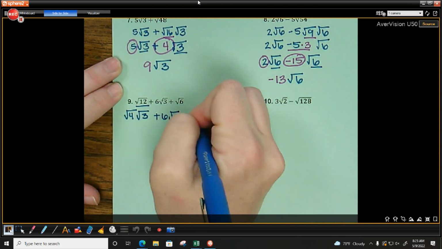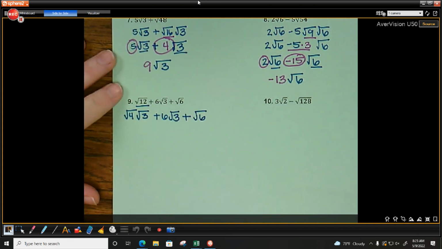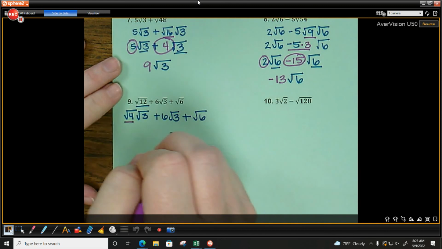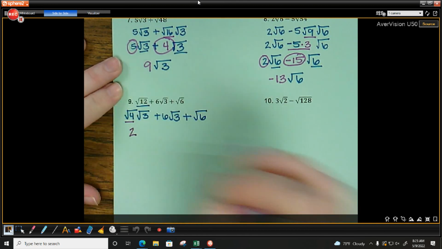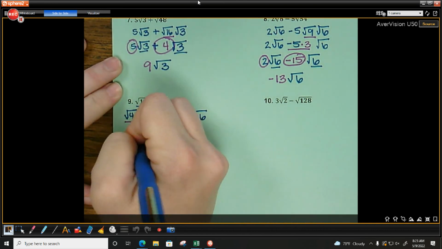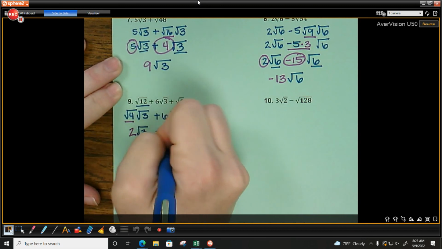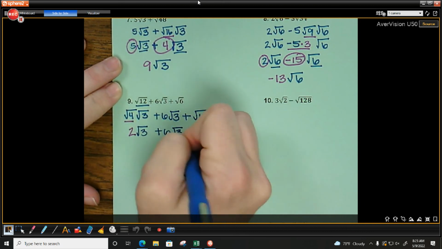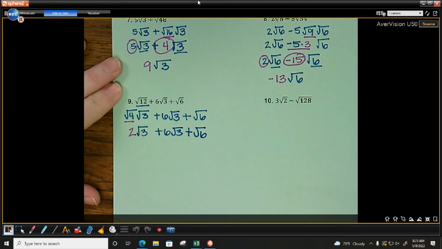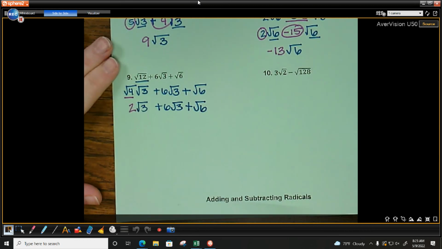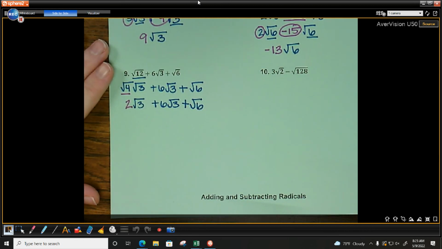We have 2 problems left. Let's go. What's the square root of 4? 2. Root 3. And we already said the other ones don't simplify, so I'm just dropping them down. Okay, I have 3 terms here. Do any of my terms have the same radicals? Are any of them like terms? Yes, I have square root 3, keep it, square root 3.